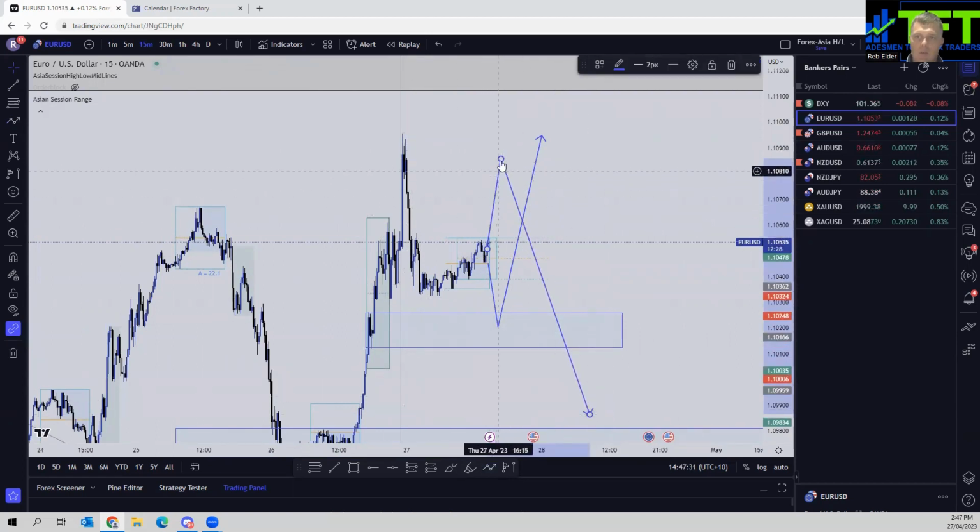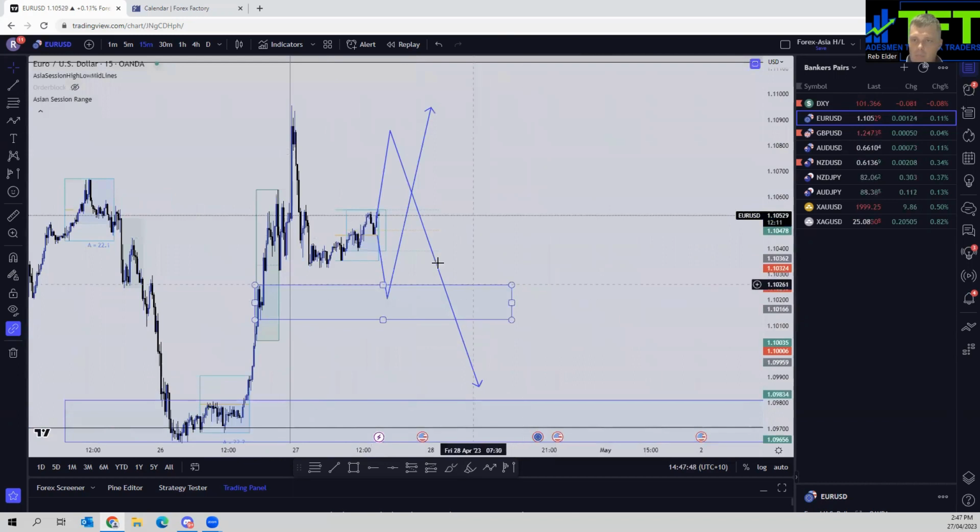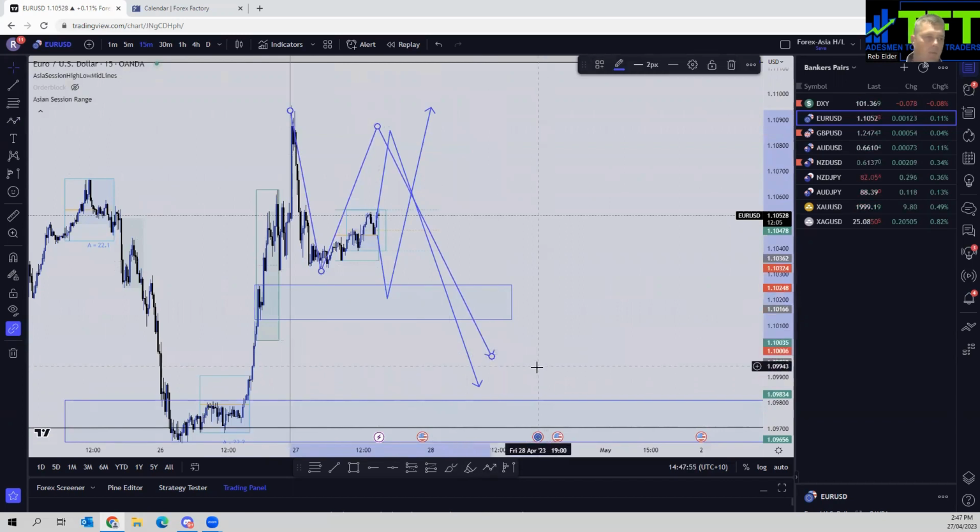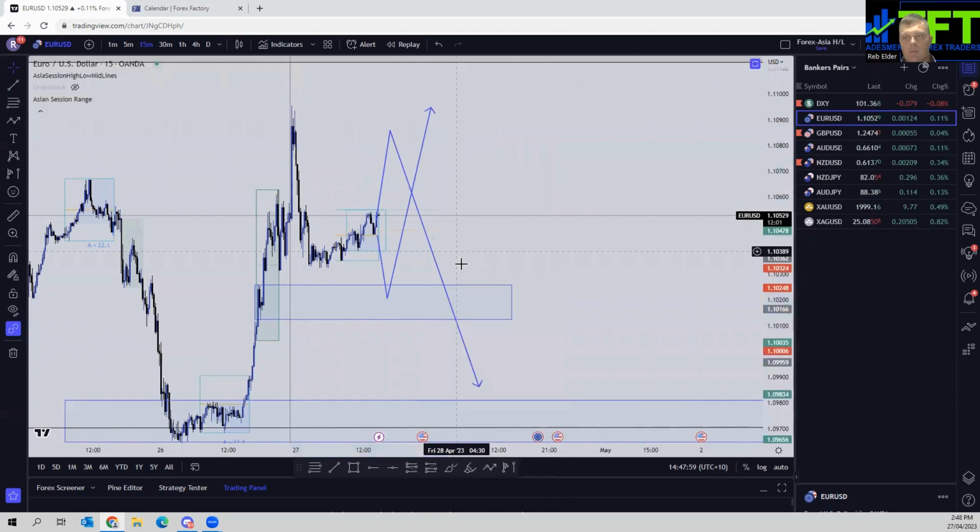If we do push up into this area and we do get a rejection out of there, I would not be looking to buy from the midline going long, just as we could be seeing an ABC type scenario playing out in a bit of a retracement type deal. So just something to be careful of there.